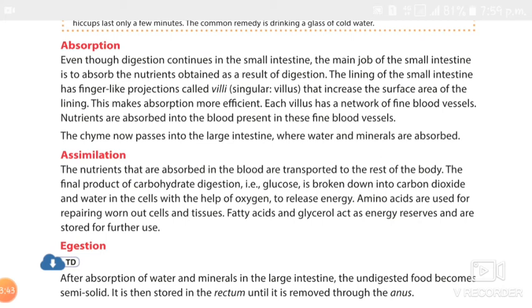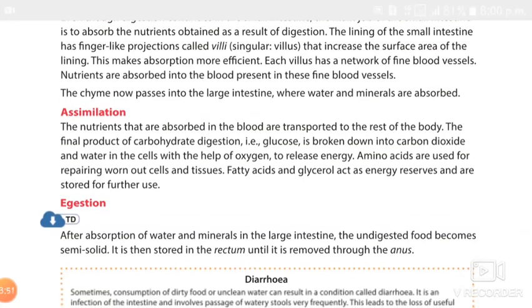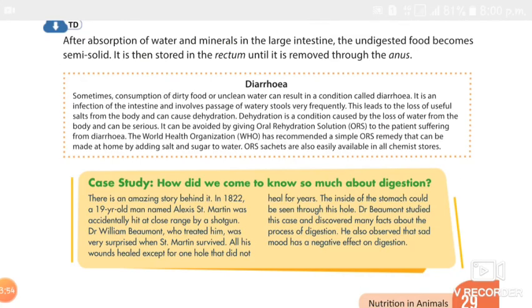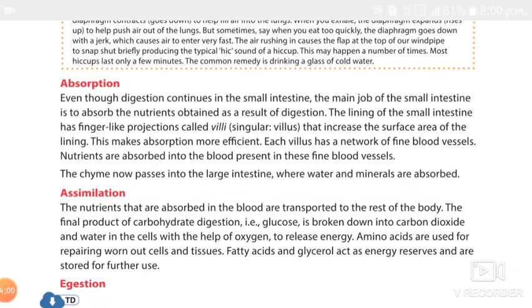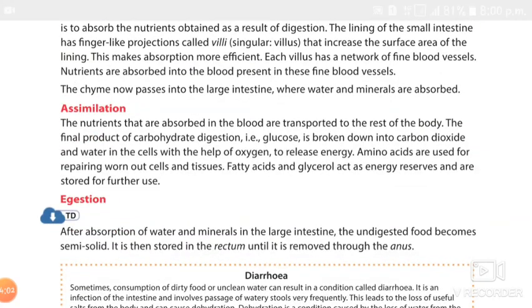So you know the process. Now the definition: the elimination of undigested food from the body is called egestion.